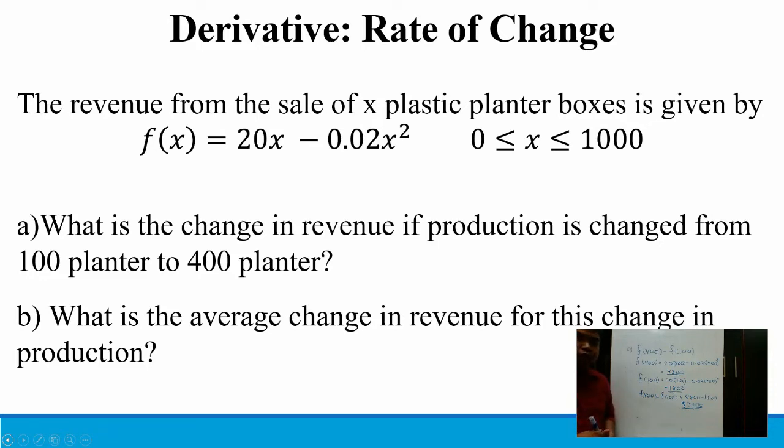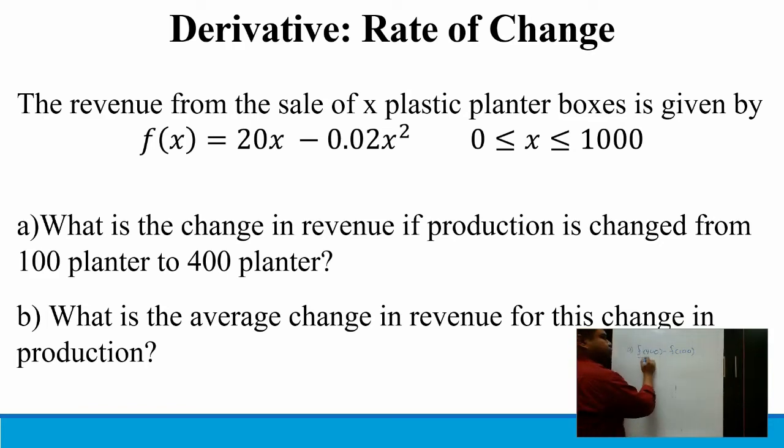Next question, what is the average? The keyword for this one is the average change. What is the average when there are changes from 100 to 400?